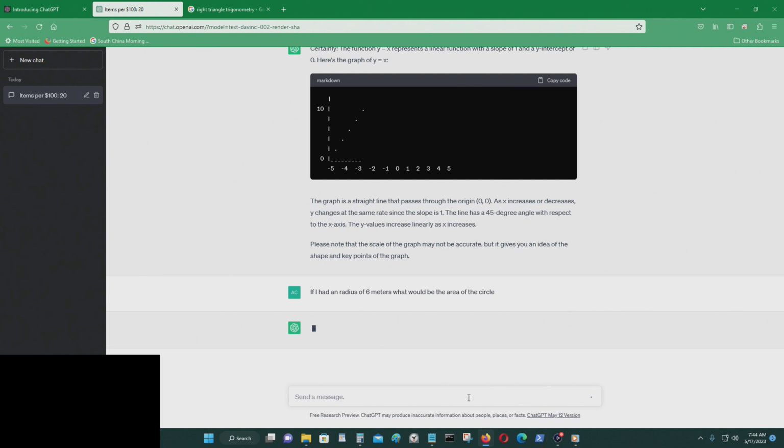If I had a radius of 6 meters, what would be the area of the circle? Can it solve this?